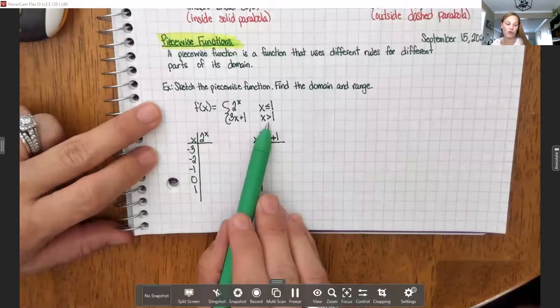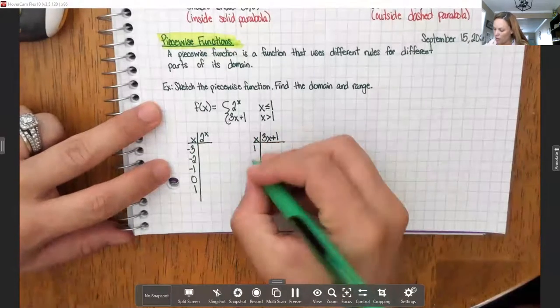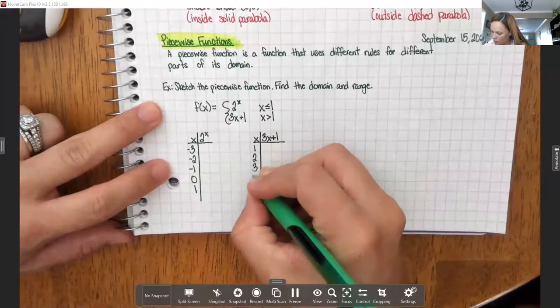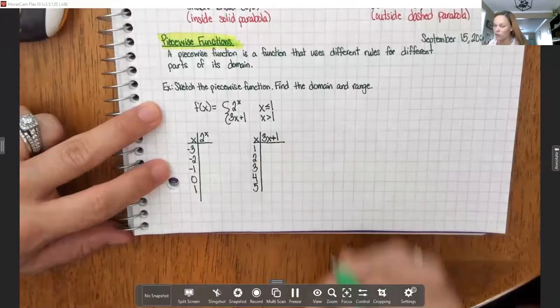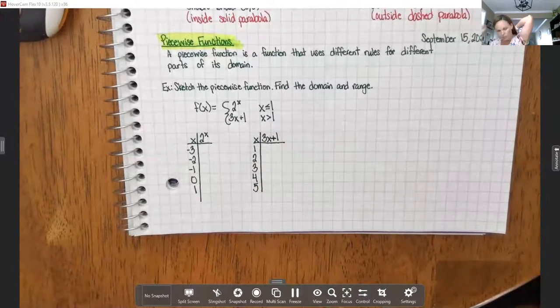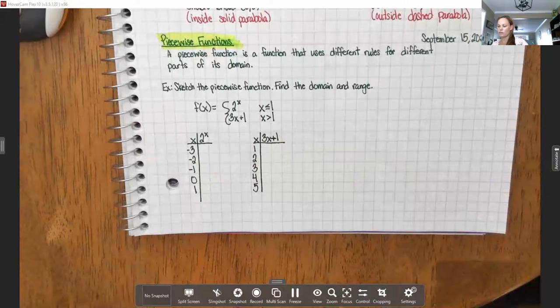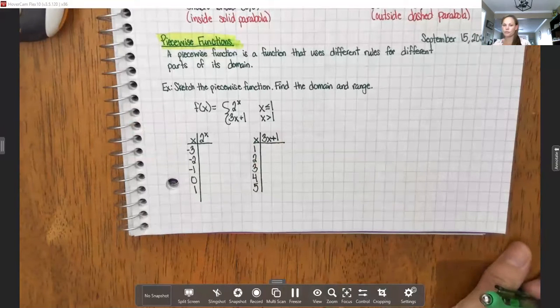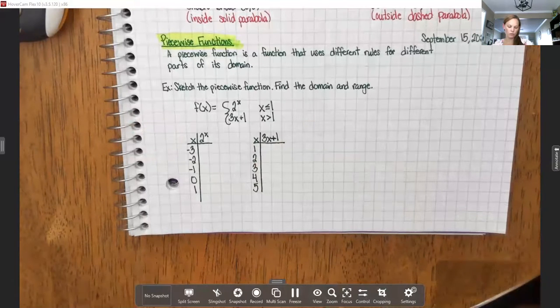This is when x is greater than 1, so we start at 1. We have big numbers that are greater than 1.